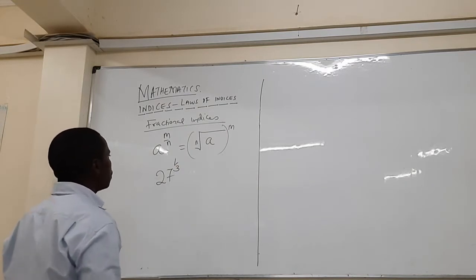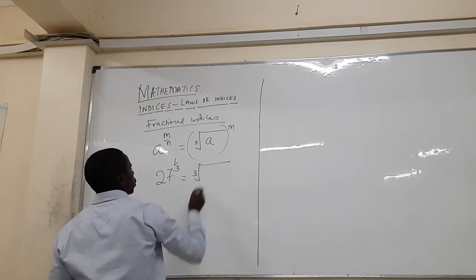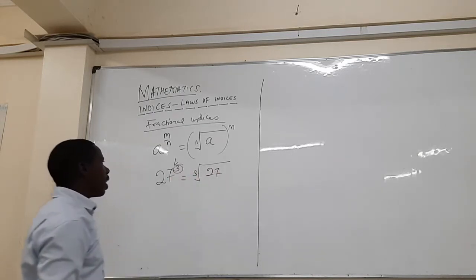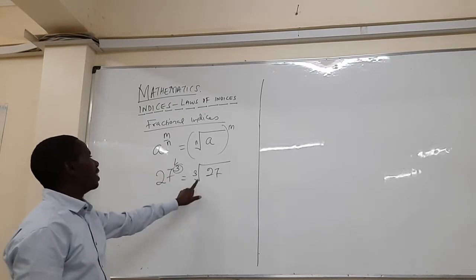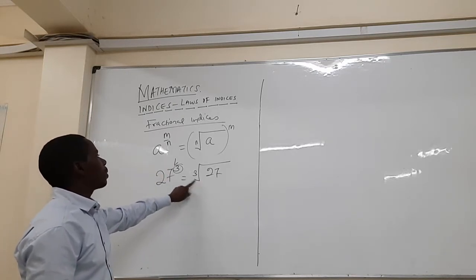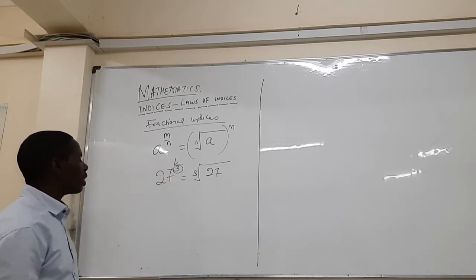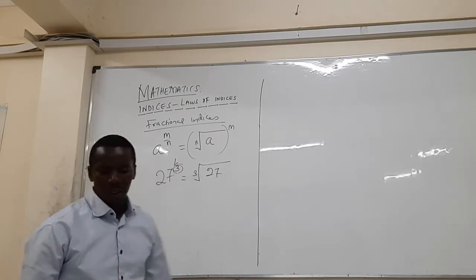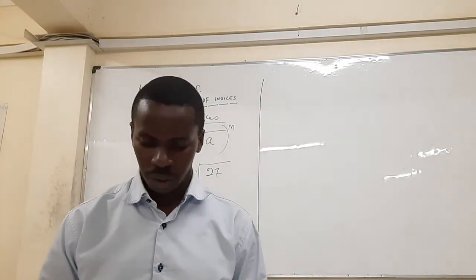This one means that this is the cube root of 27. This 3 here, being the denominator part of the fraction, denotes the root. So if it was 1 over n, it is the nth root of 27. Now because it is 3, it is the third root, which is of course the cube root of 27.